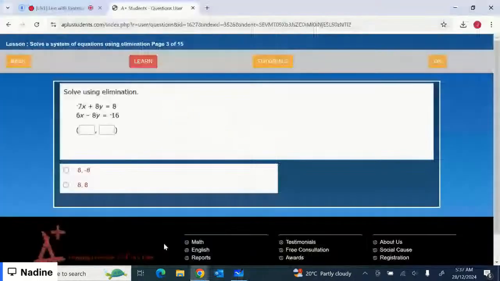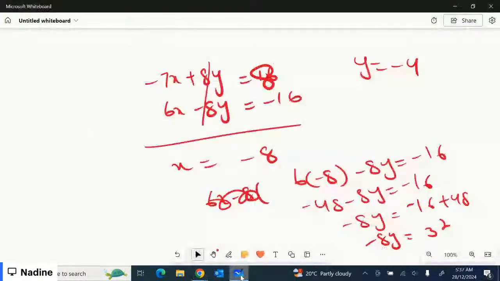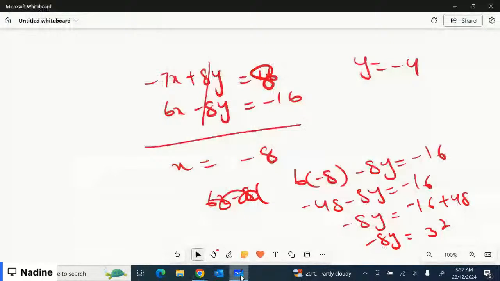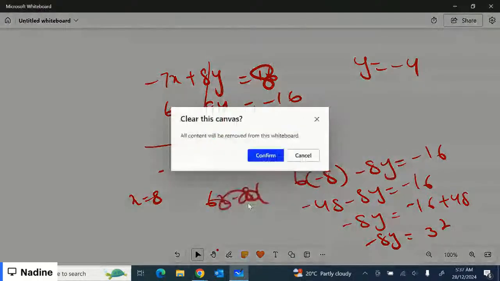Then y is negative 8 and 8. Hold on. You have negative x here, so x is 8. Let's just do this one again because I made a mistake.